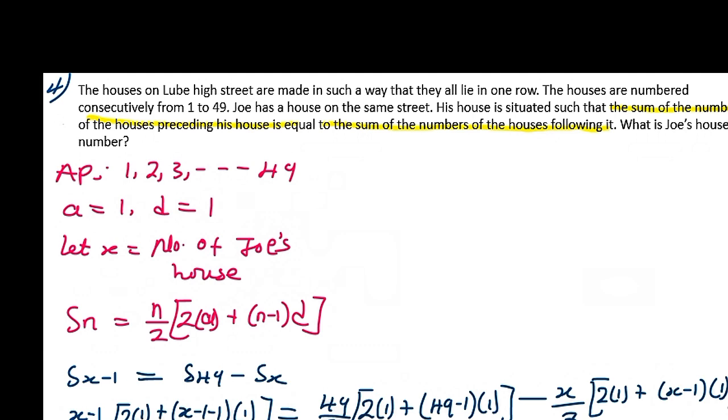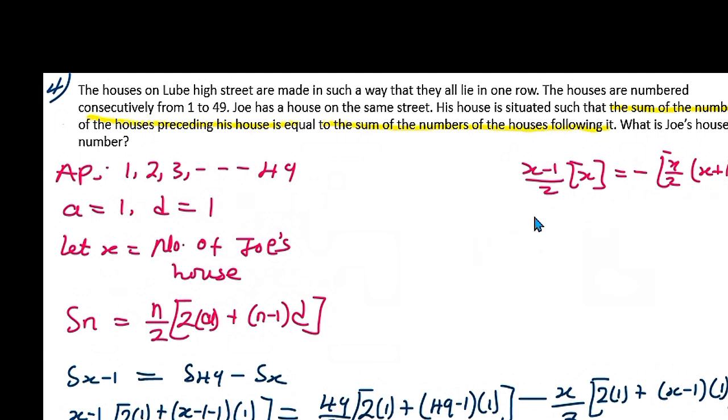Now by observation, let's see if we can eliminate something. We have here (x minus 1) divided by 2 times x equals 49 times 25 minus x divided by 2 times (x plus 1).